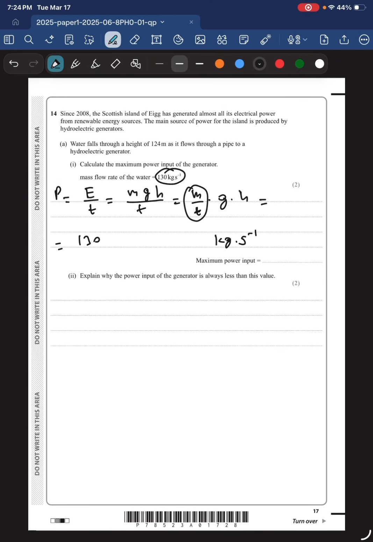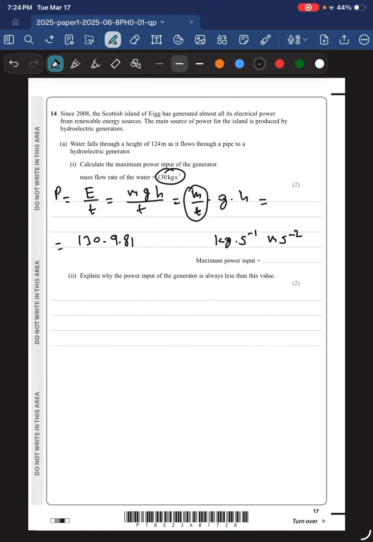By the way, whenever I plug numbers into formulas, I usually put the numbers to the left and all the units to the right, okay? So 130 kilograms times seconds to the minus 1, and then g is 9.81 meters seconds to the minus 2, right?